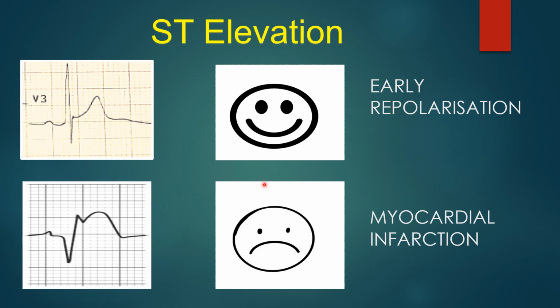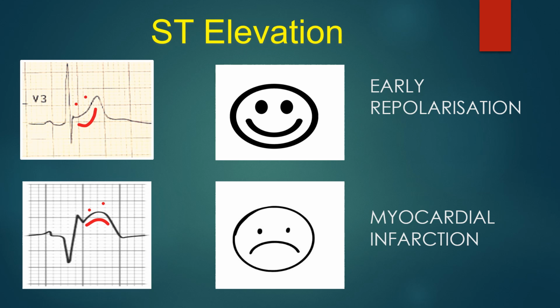For early repolarization, you can see that there is an upward concavity of the ST segment, and it is marked by the simile that the face is kind of smiling, just like this. So this is concavity upward. Okay, here you can see it over here. So this is upward concavity, while in the case of myocardial infarction it is downward, and obviously the face is showing to be a sad face, and that's why this favors a myocardial infarction.